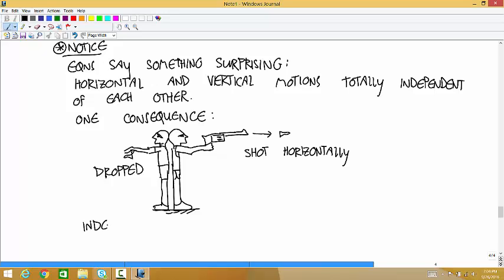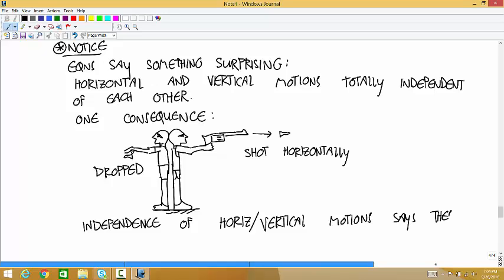So the independence of the horizontal and vertical motions says these bullets should hit the ground at the same time.